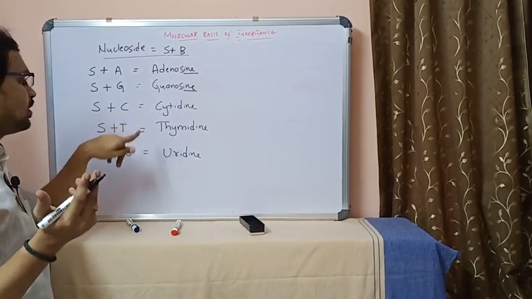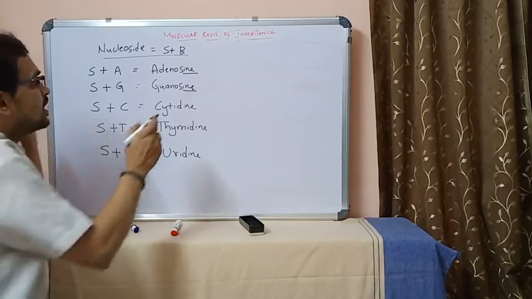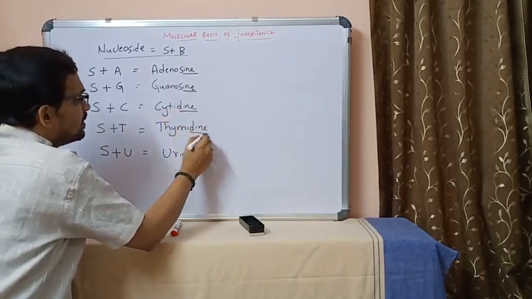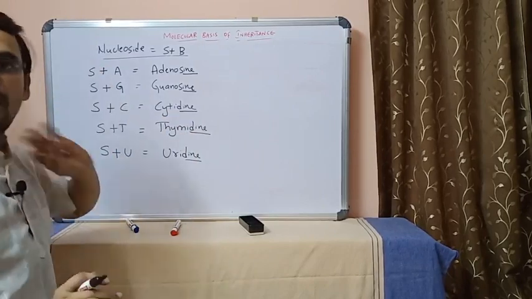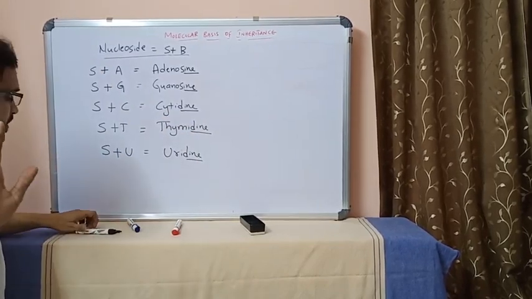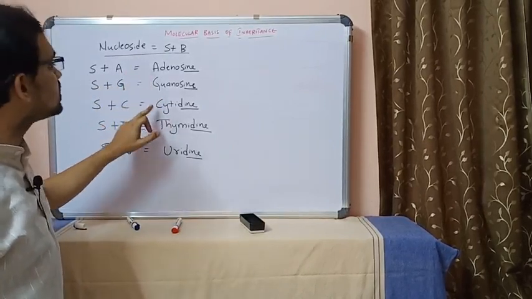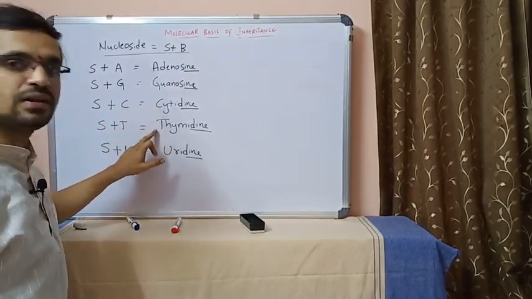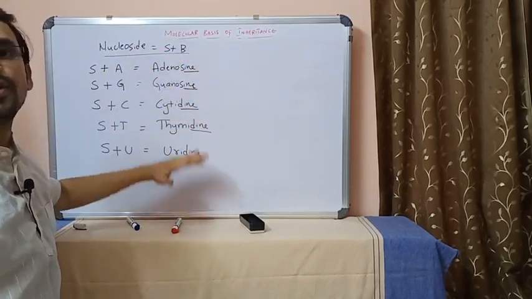Thymine, pyrimidine. Uracil, pyrimidine. So what is the suffix? D-I-N-E. Okay. So nucleosides are of how many types? 5 types. They are adenosine, guanosine, cytidine, thymidine, uridine. These are the 5 different types of nucleosides.